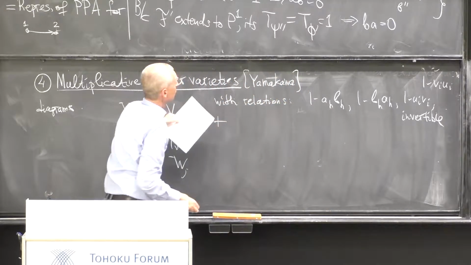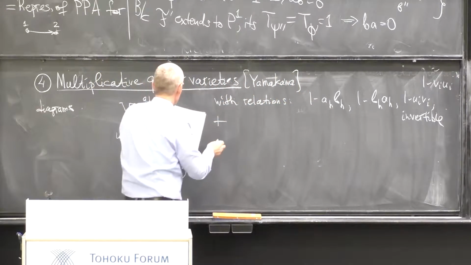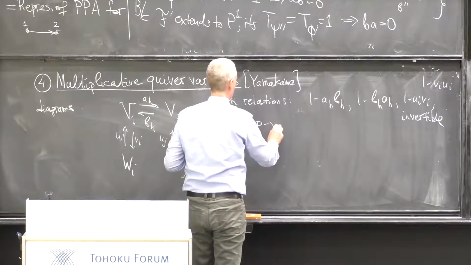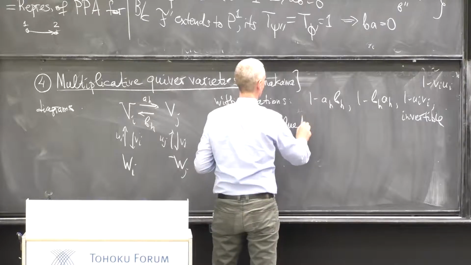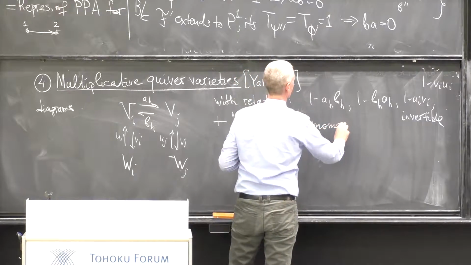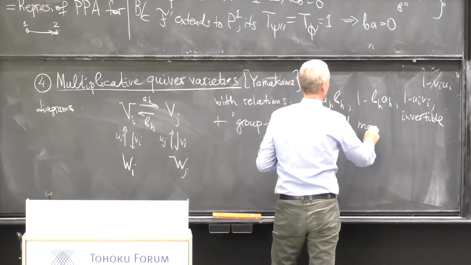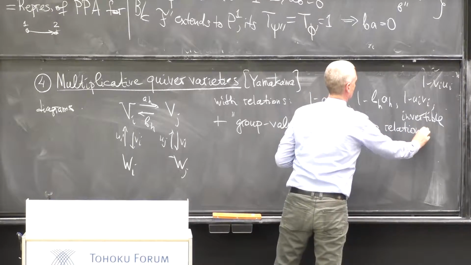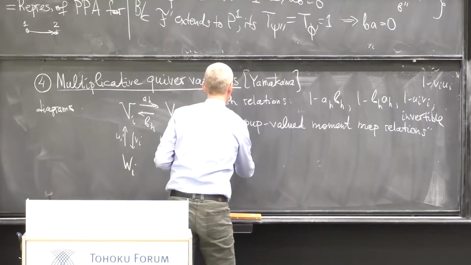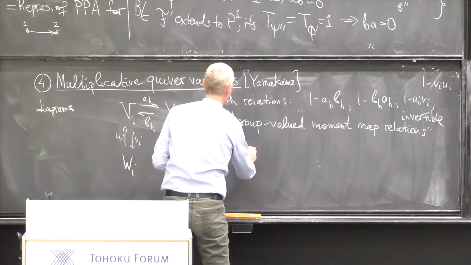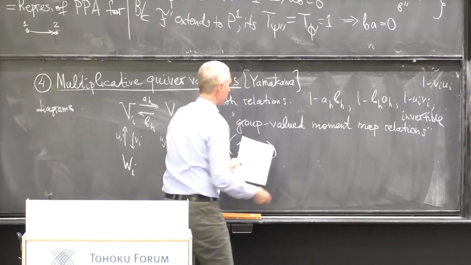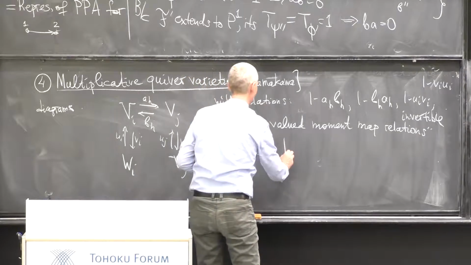Plus relations which I want to call the group valued moment map relations. It will be 1. It's the same, minus UI is the I. So the other thing would be just as before, product.